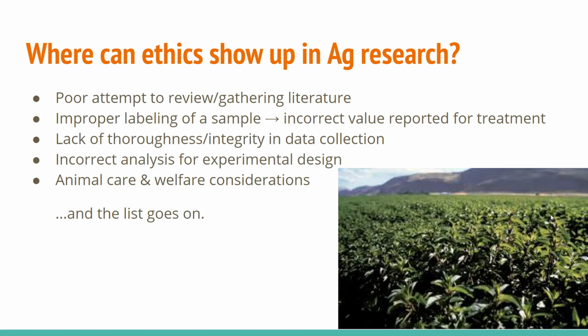Some of those things are done by mistake, but this is why we're going to drill into you things like proper labeling and integrity in data collection. We can see ethics show up when people get lazy and don't thoroughly collect data with the highest integrity possible. And we can see incorrect analyses actually be conducted for the wrong experimental design. And then we also see major issues show up with things like animal care and welfare considerations. And we're going to talk more about that here in just a second.